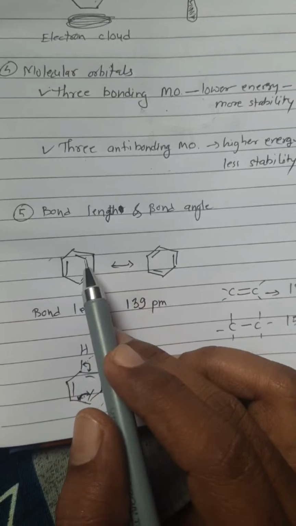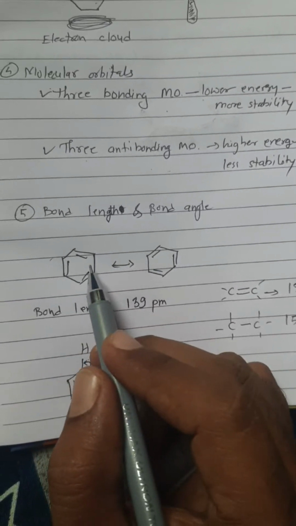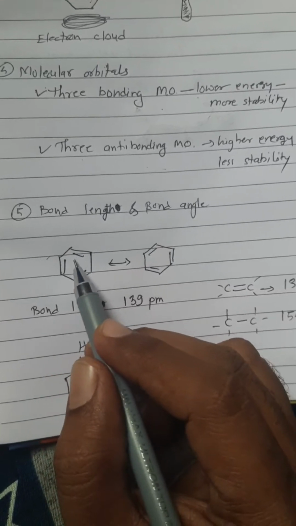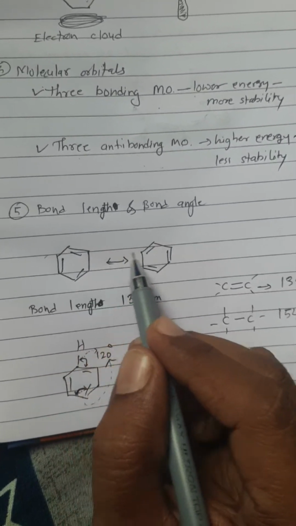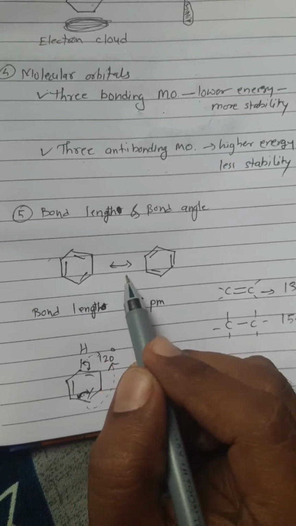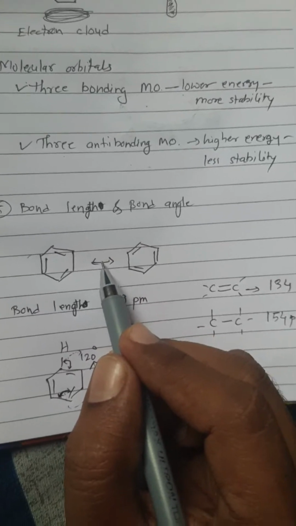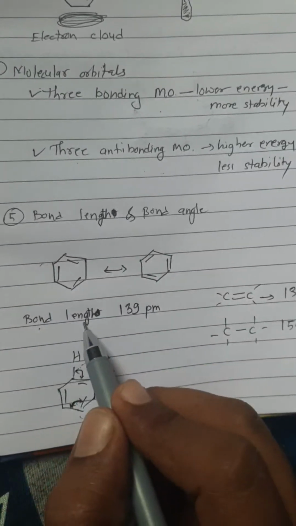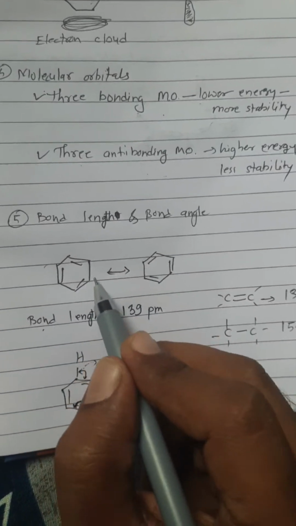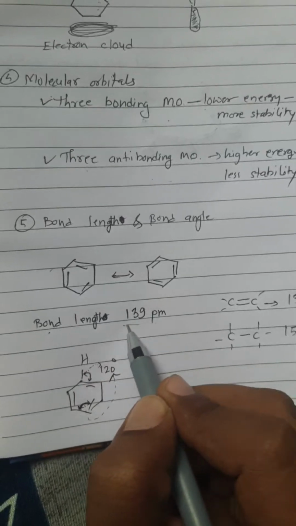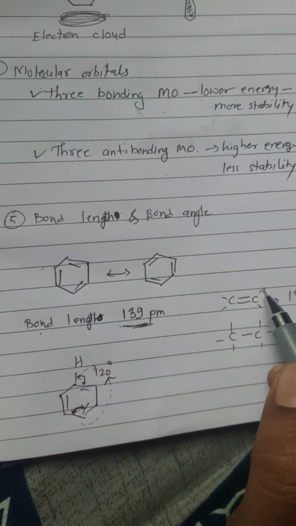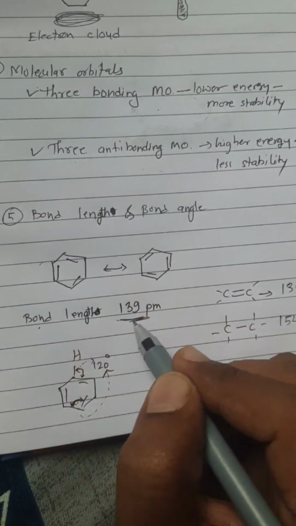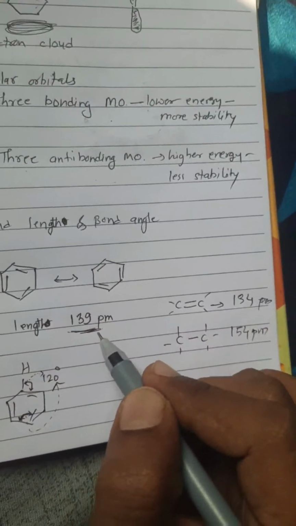Then the bond between carbon-carbon of this benzene, even though we show it like this, alternate double bond and single bond, is actually a hybrid between double bond and single bond. The bond length of carbon-carbon is 139 picometer. All the carbon-carbon bonds are 139 pm.